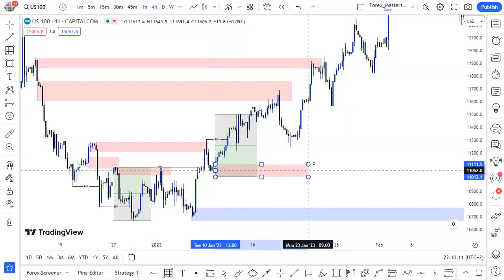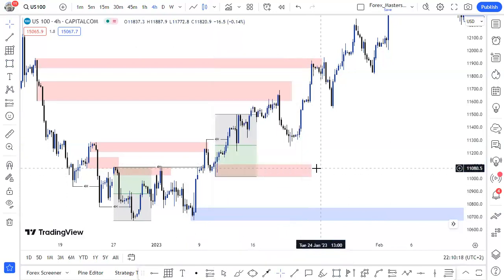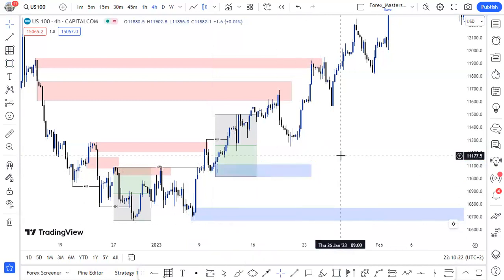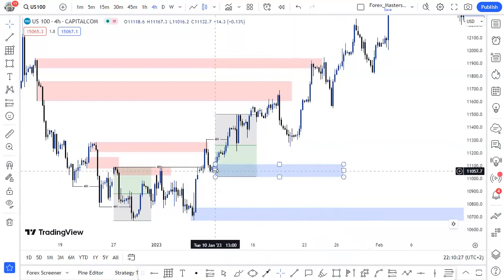Demand and supply is going to become even clearer once we incorporate some liquidity concepts. But for now, we can just map it like that, including this black candle right here, because this was the last sell before we had this wick that went down.